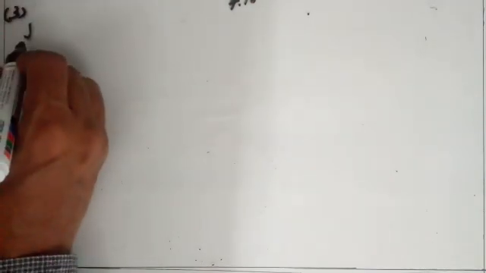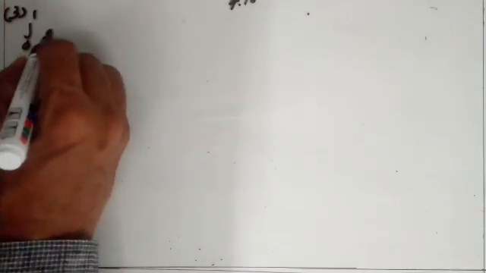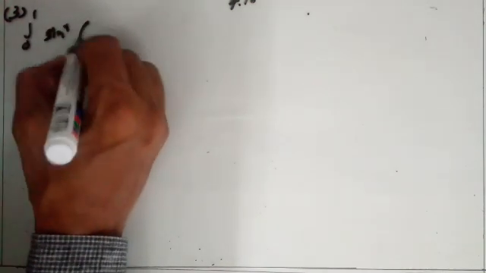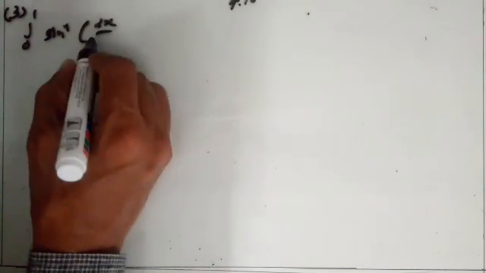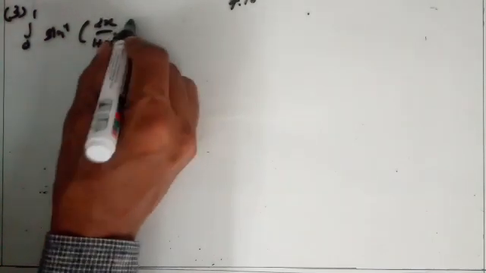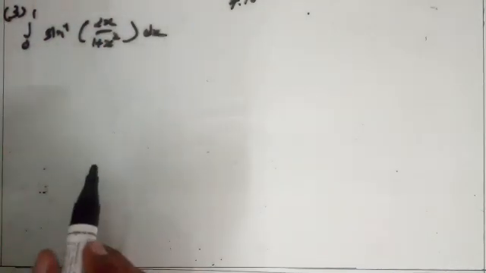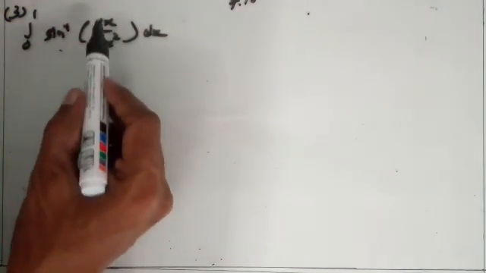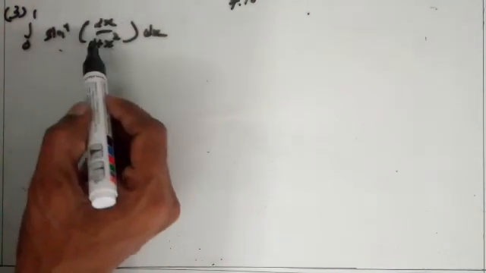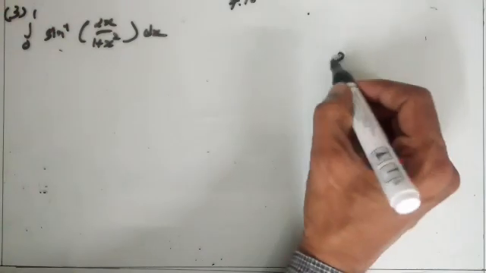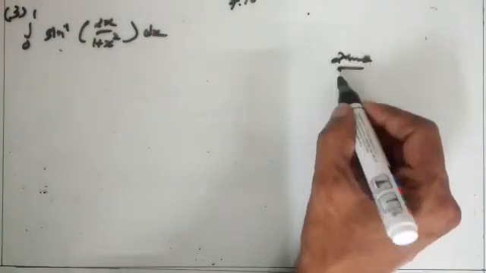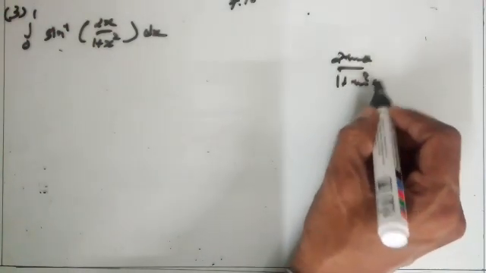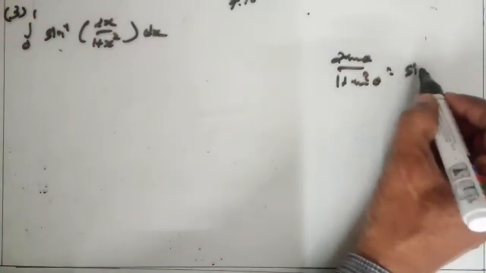Find the integration from 0 to 1 of sin inverse of 2x upon 1 plus x square, dx. We know that in this type of integral, sin inverse of 2x upon 1 plus x square, 2 tan theta upon 1 plus tan square theta is equal to sin 2 theta.